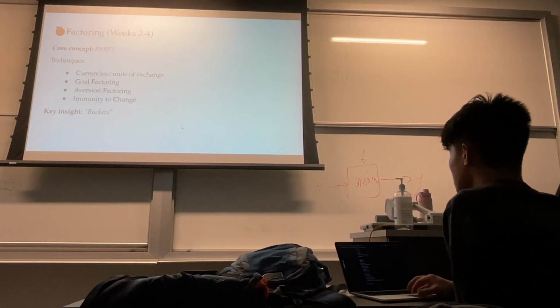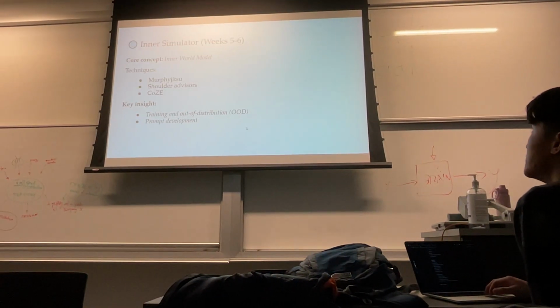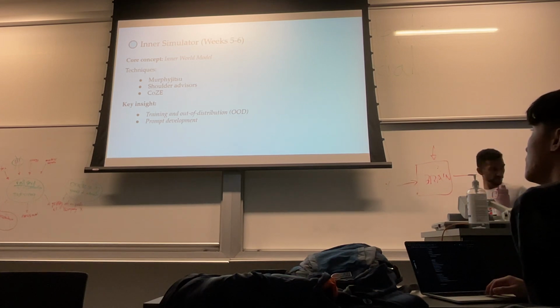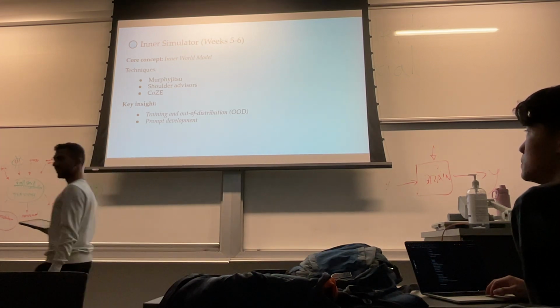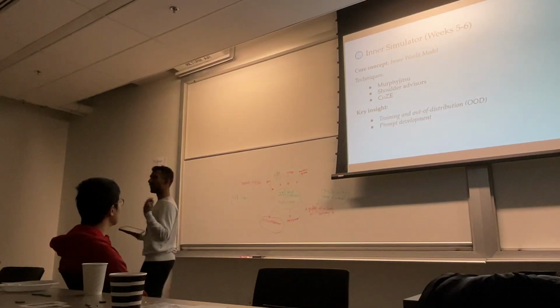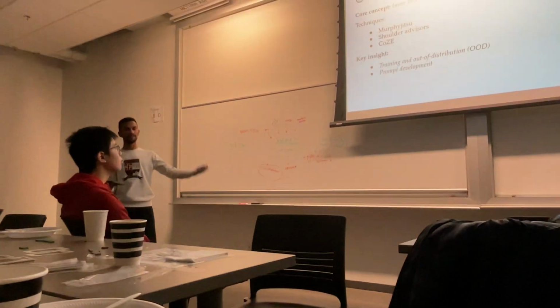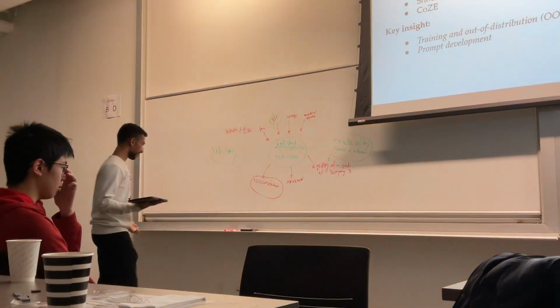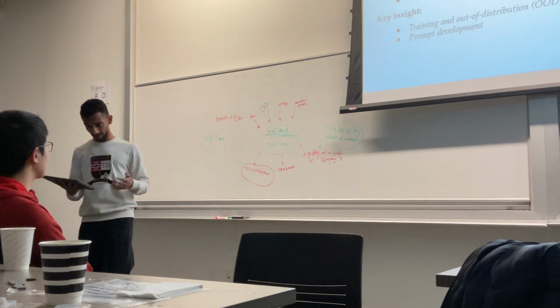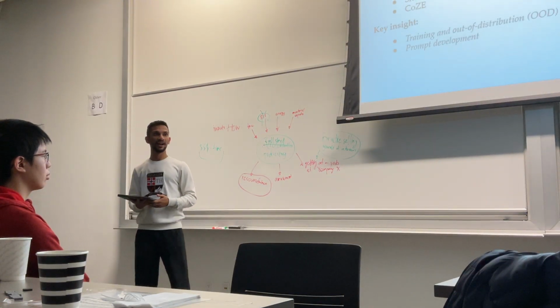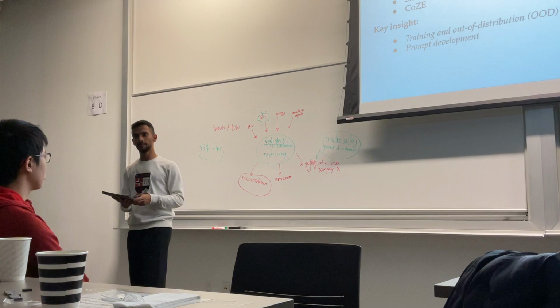Now we're going to be talking about the inner simulator. The inner simulator is the idea that we have an inner model of the world where things are just visualized. It's not a model that we explicitly set out to build, but it's things like our instinctive understanding of physics, which we've built up over time.